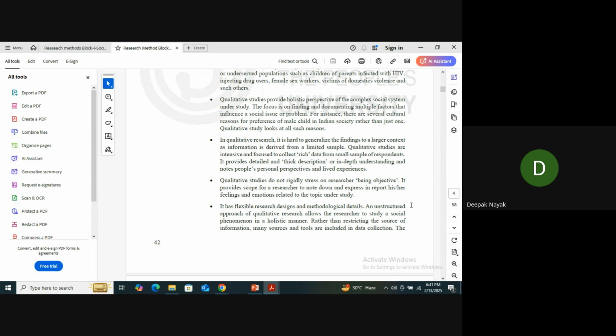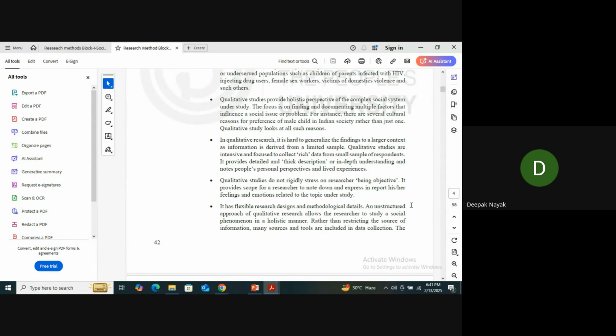Then in this study, unlike your quantitative research, you don't have a very structured approach. You don't know what is next in qualitative research. It is the problem and the situation that guide you ahead.